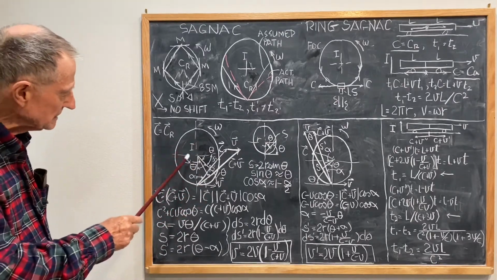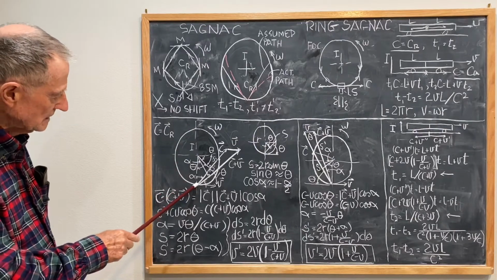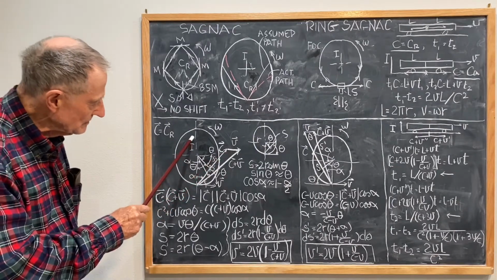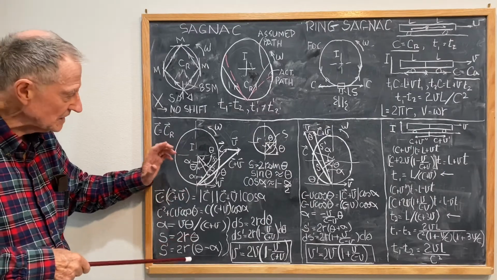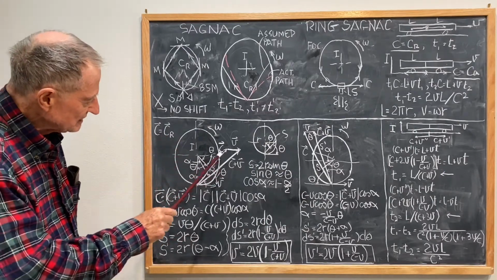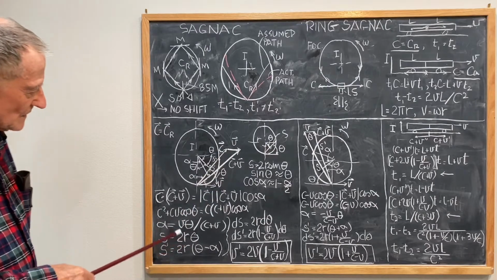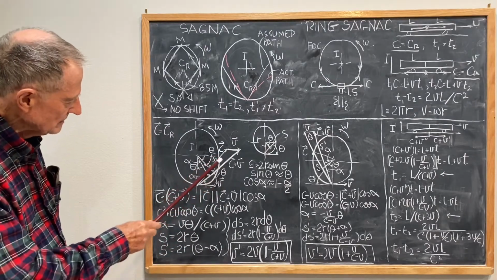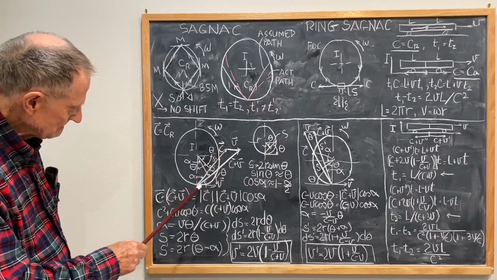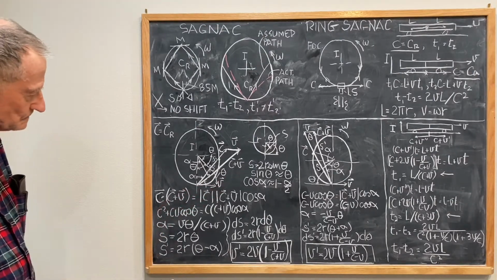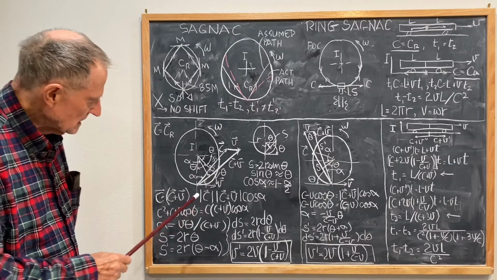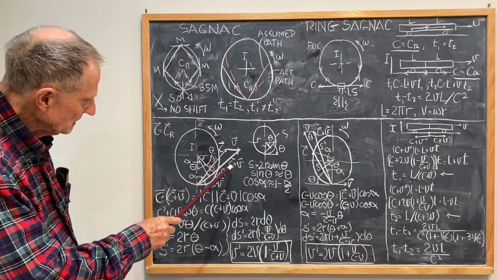The velocity of the emitted photons with respect to the inertial frame, in which it now moves in a straight line, is c plus v. Now the angle theta is the angle that c makes with the tangent v, in the direction v. Alpha is the angle between c and c plus v.